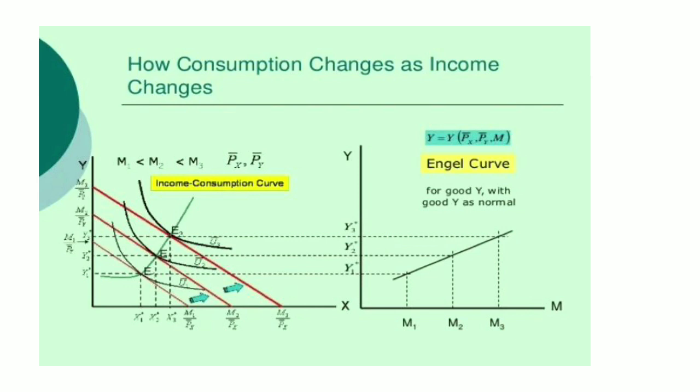As we continue, the other members of this group will explain more about the Engel curve. So what we discussed is the income consumption curve. Next is the Engel curve. So that's all for my report. Thank you for listening and God bless.